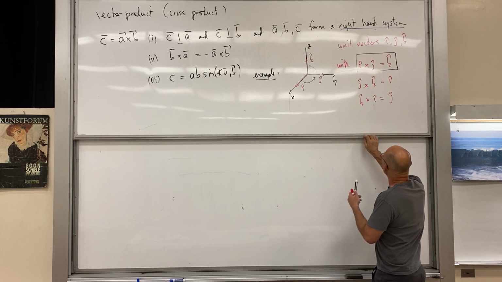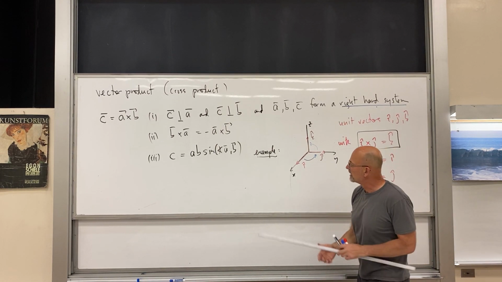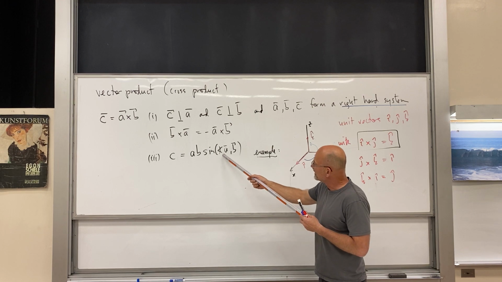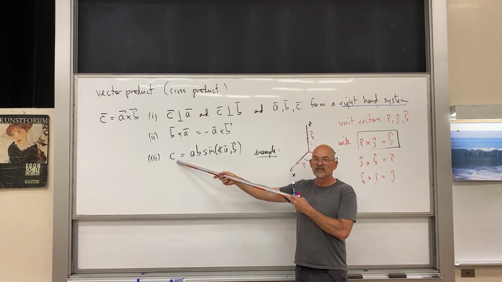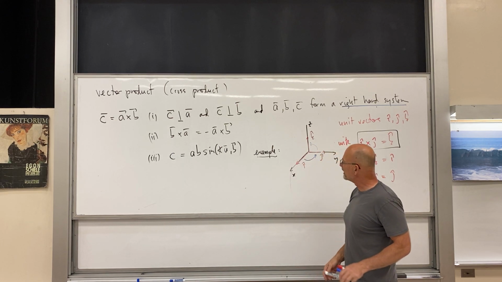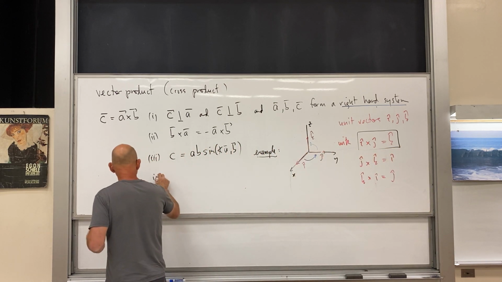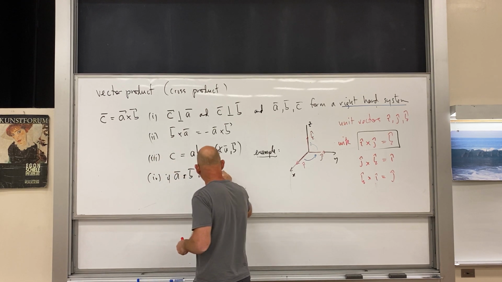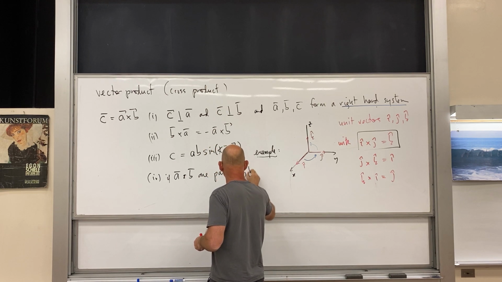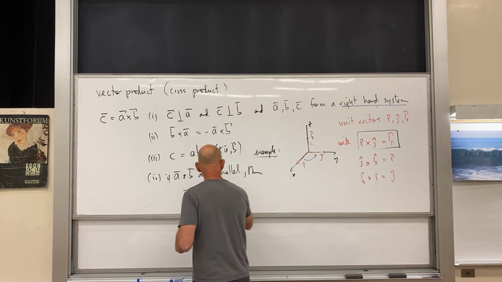Oh, and I mentioned it here, right? If the vectors are parallel, then the sine of the angle between them is 0, right? And there's a 0 magnitude. So parallel vectors have a vanishing cross product. I'll just put this as a separate thing here. So if A and B are parallel, then A cross B is equal to 0.